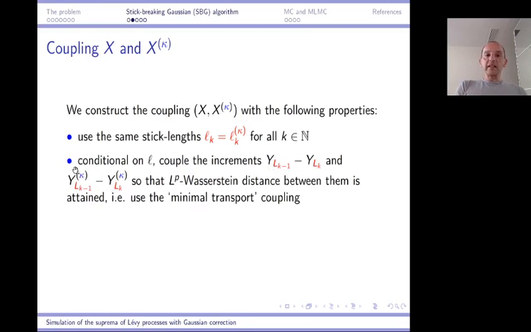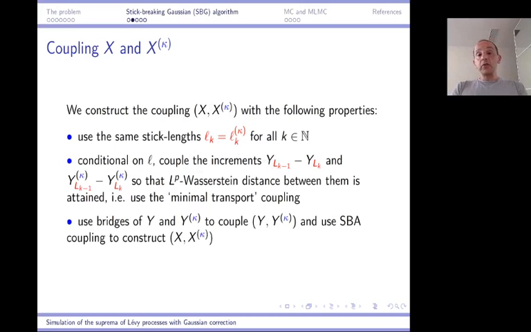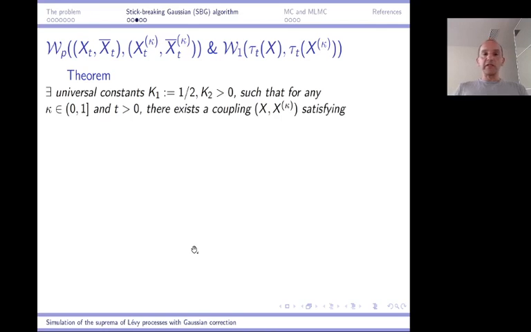So this is the Y that appeared earlier for X kappa, and this is Y that appeared for X. Okay. Right. And then I use the SBA coupling from my second slide to link Y to X and Y kappa to X kappa, and this gives me the right coupling that will produce the following theorem, right?